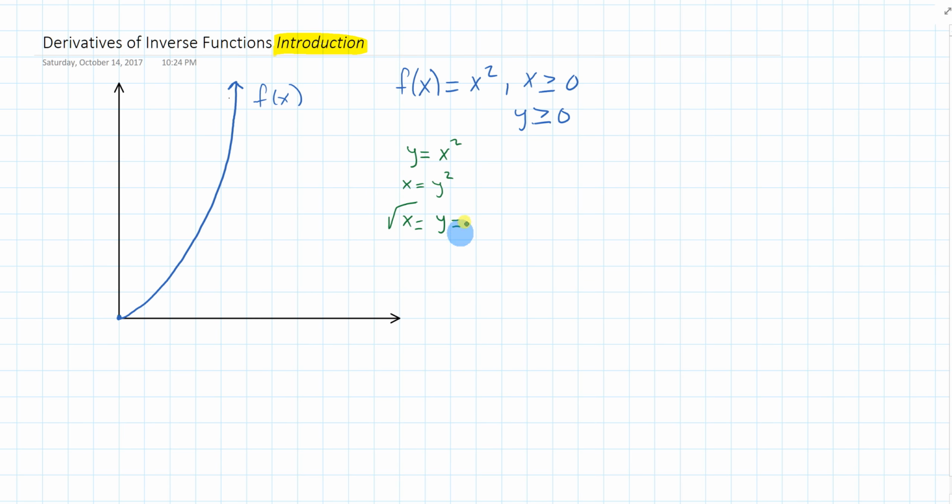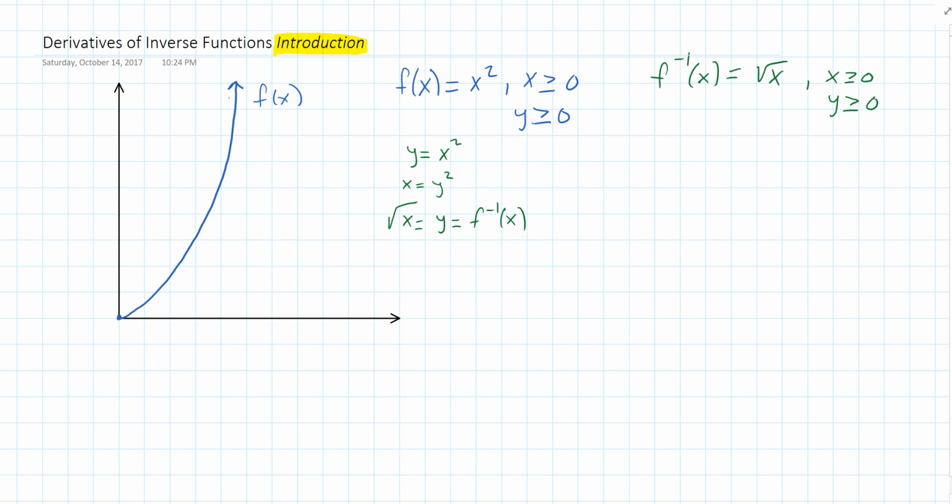And it is, so we call this the inverse function, meaning that the inverse of f is the square root of x, whose domain is x greater than or equal to 0, and range is from 0 to infinity.